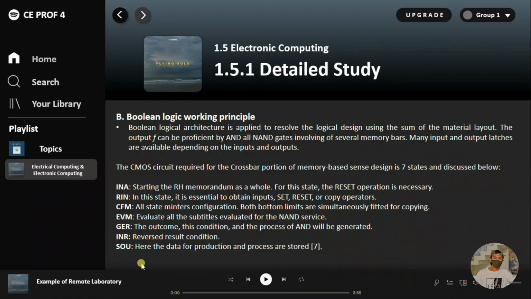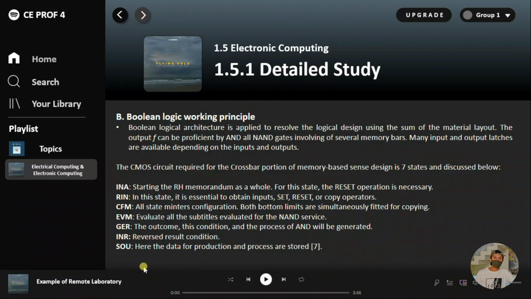So the fourth one is EVM, evaluate all the subtitles evaluated for the non-service. So in the fifth state, the GER, the output, this condition, and the process of AND will be generated. So in the sixth state, INR, the reversed result condition.